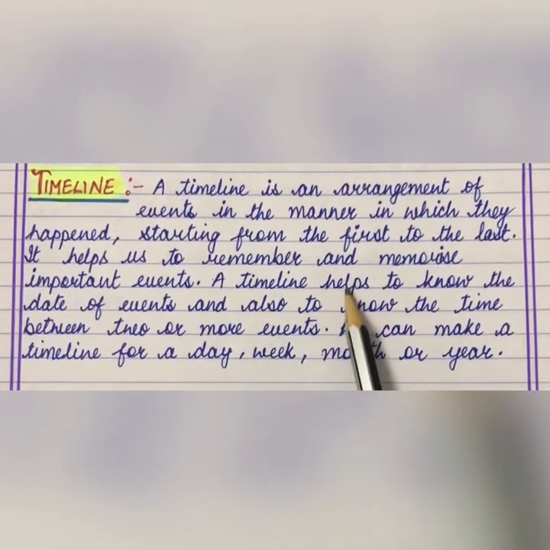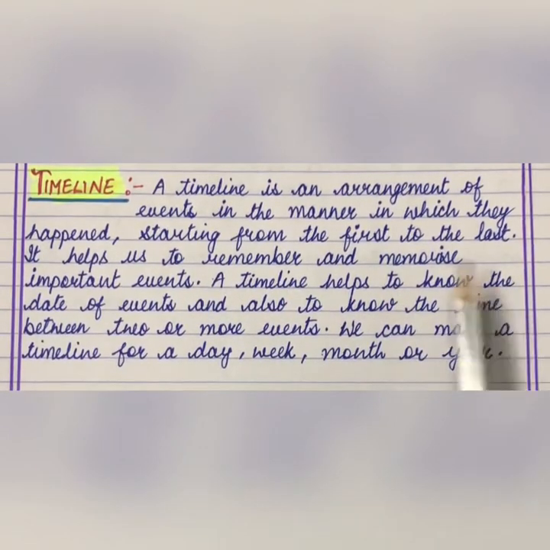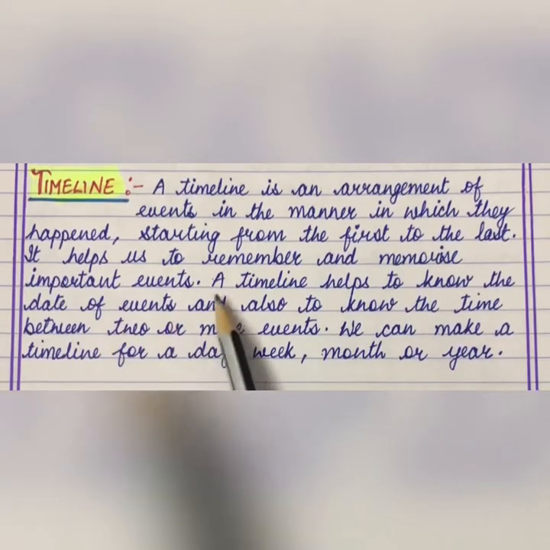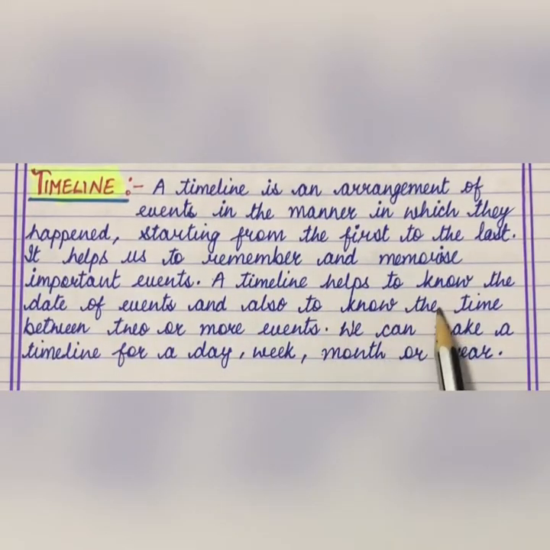A timeline helps to know the date of events and also to know the time between two or more events. We can make a timeline for a day, week, month, or year.